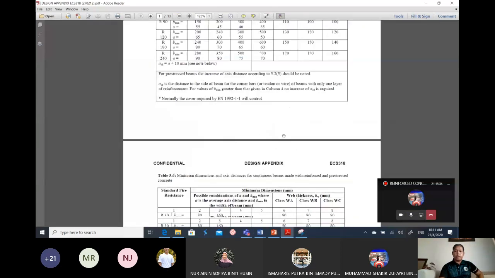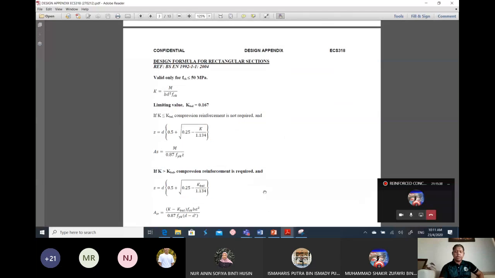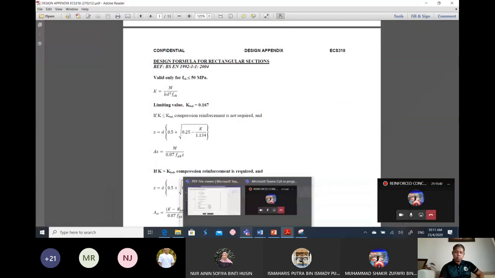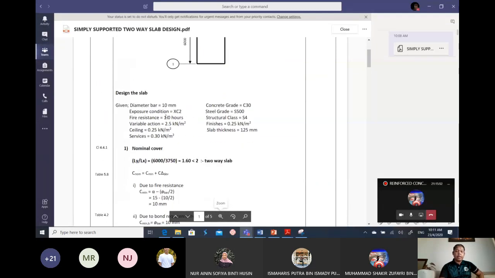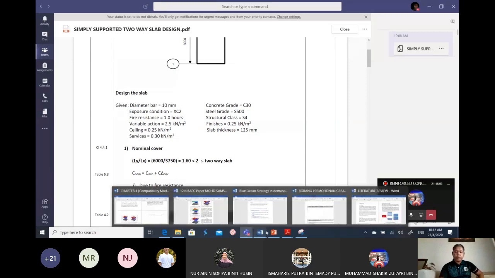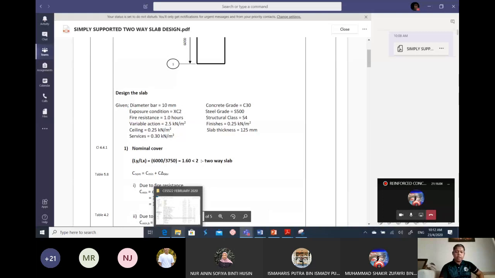Sorry, the exposure table is not here. The exposure class table, and then you determine the C minimum durability, because the fck given here is 30. We have a look at the design appendix. Wait for a while.